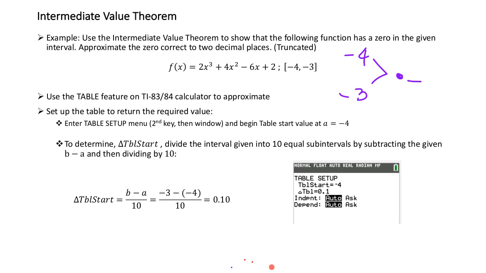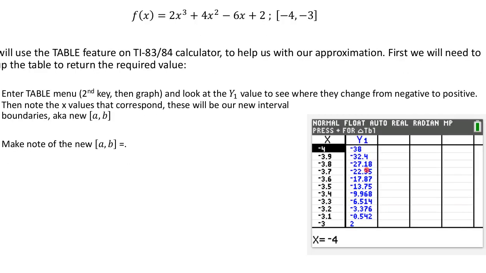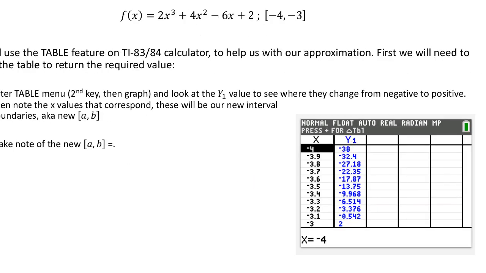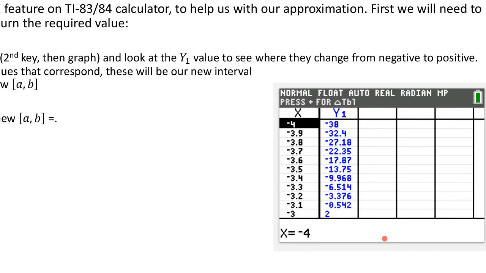So we just completed this work, and now I'm coming over here. This is the table we just had, and we looked at our y1 values on our table. We wanted to identify where my function changes from negative to positive. We see that change occurs right here.